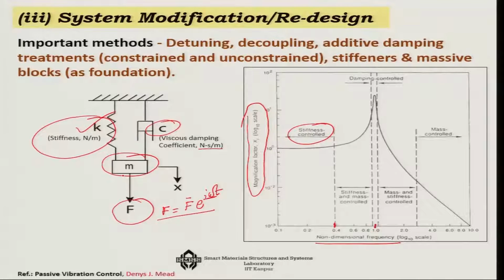Beyond that, from 0.4 to somewhere very close to unity, generally up to the half power point, it is controlled by both stiffness and mass in both the sides.